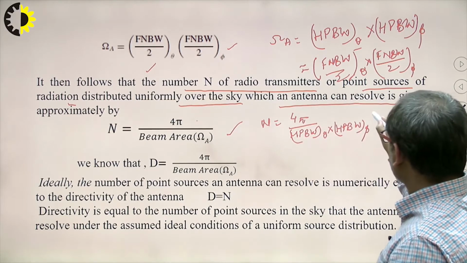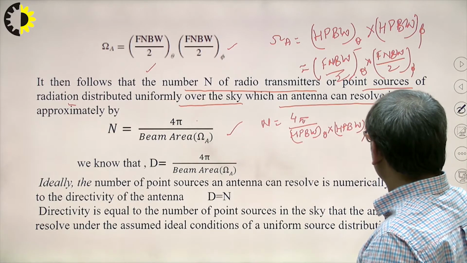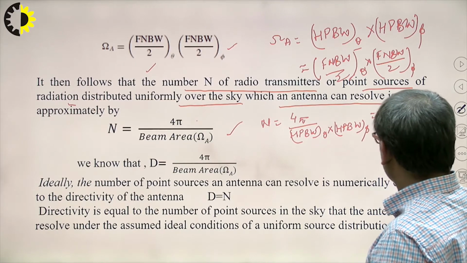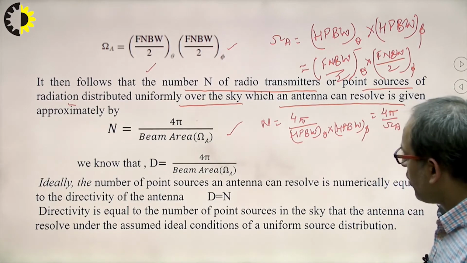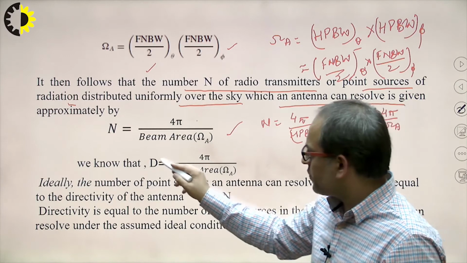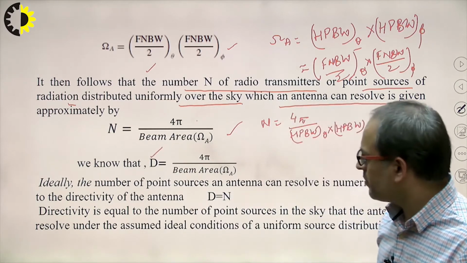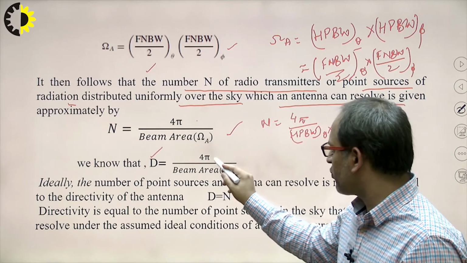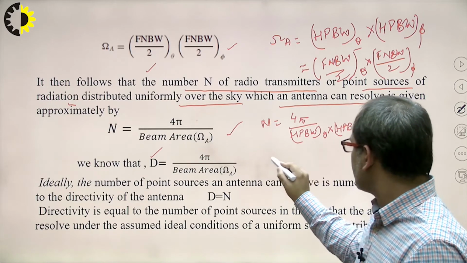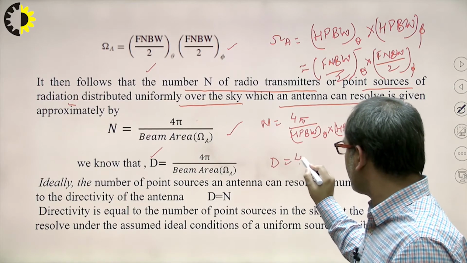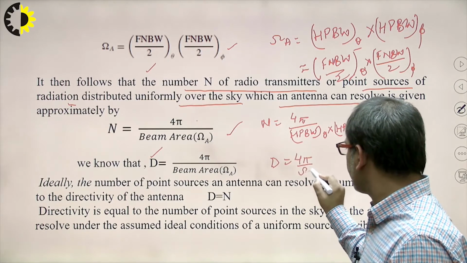Clear? Or I can say this is 4 pi upon the beam area. Now as we know, there is a relationship between the directivity and the beam area. Directivity is 4 pi upon the beam area.